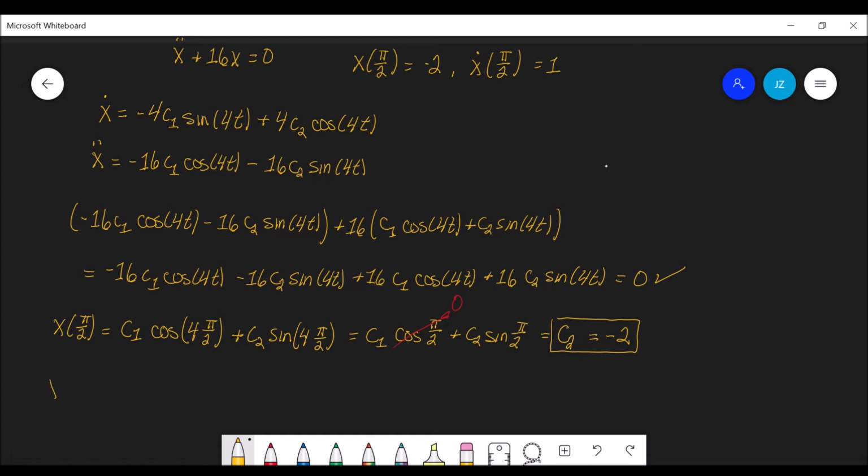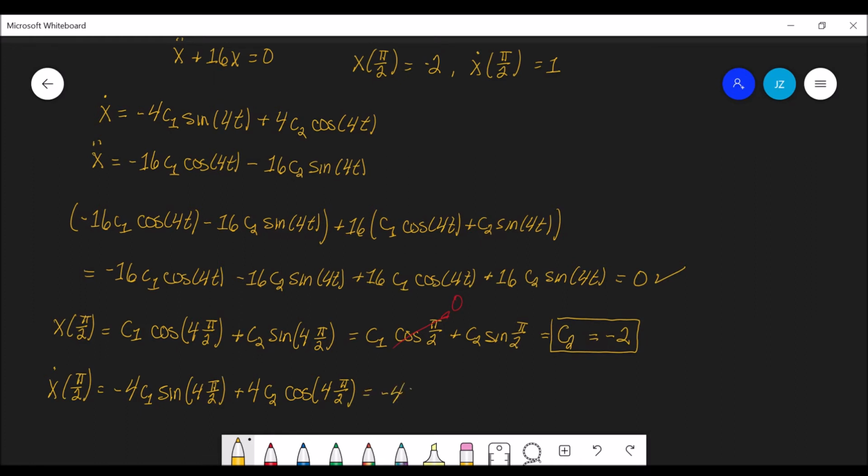Next, we use the condition x dot of pi over 2. So x dot, remember, is up here. So we get negative 4 C1 times sine of 4 times pi over 2 plus 4 C2 times cosine of 4 times pi over 2.